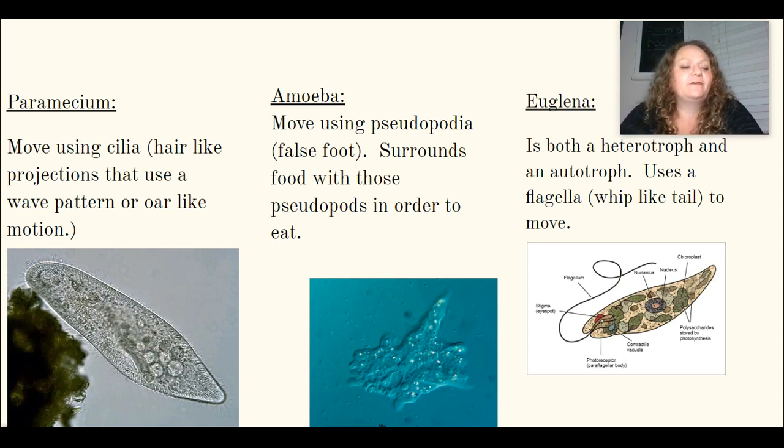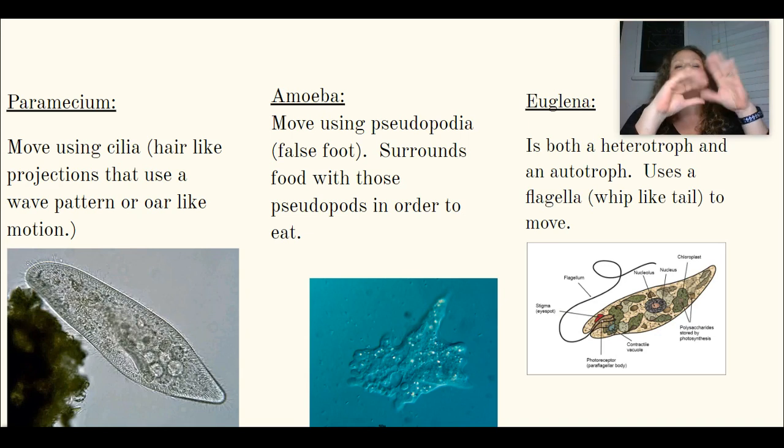The little fuzzy-looking hairs on the outside of that paramecium in that very first picture, those are the cilia, and they're actually going to use them like tiny oars to move around through the water. And again, these are single-celled organisms. They're microscopic. You have to have a microscope to see them. An amoeba is going to move using its pseudopod, its false foot.